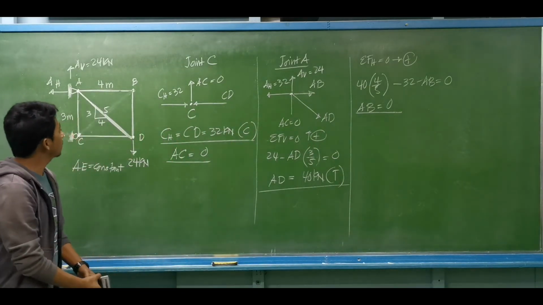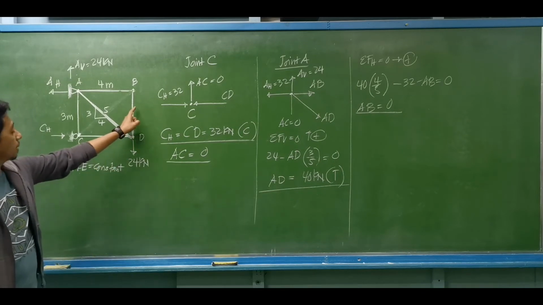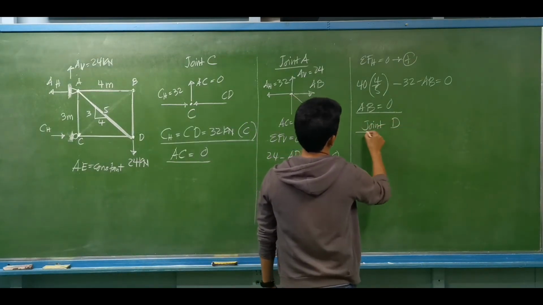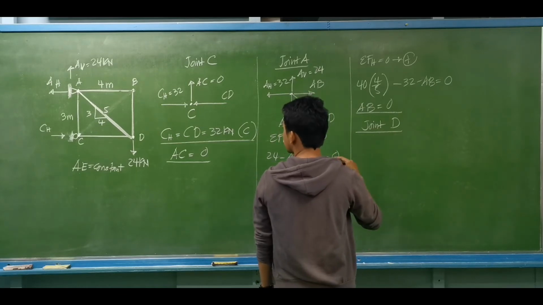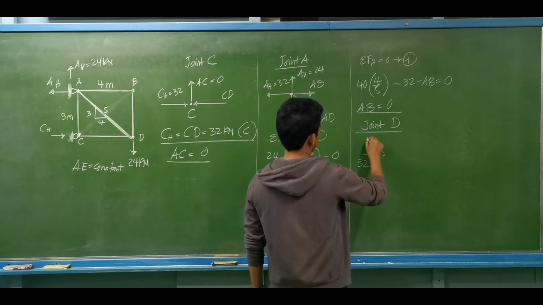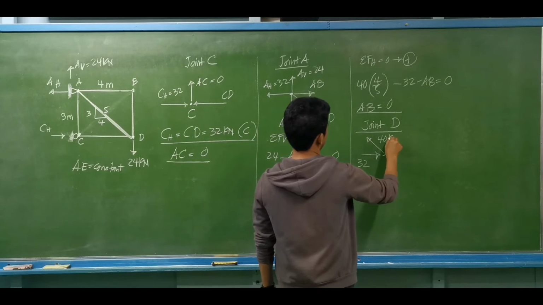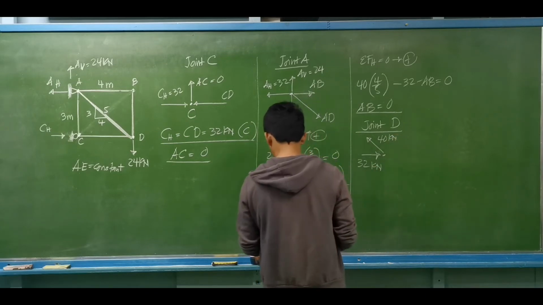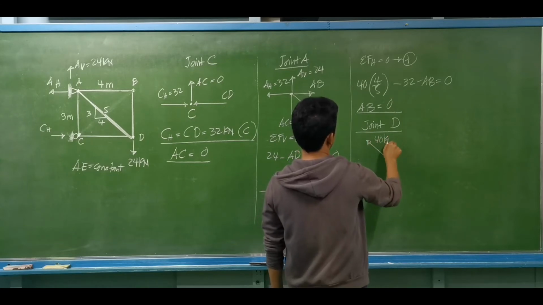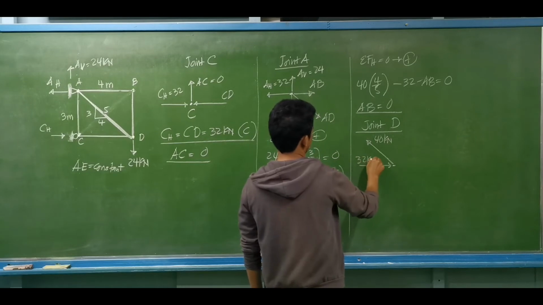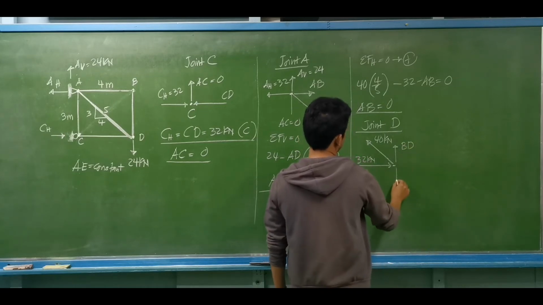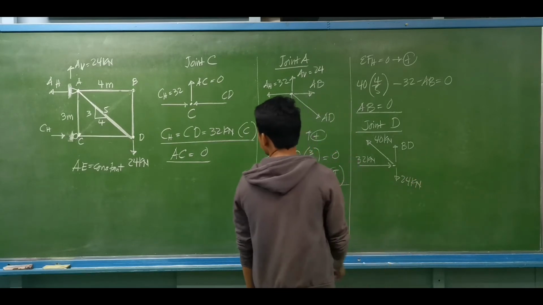So those are the axial forces due to real load. Lastly, we still have one more here, at joint D. I think this one will also be obvious.